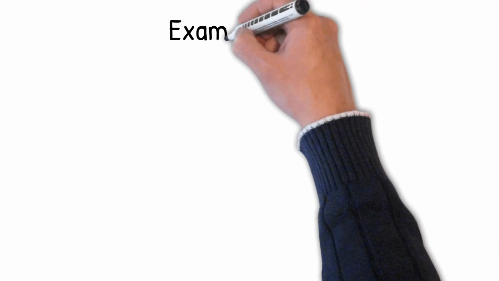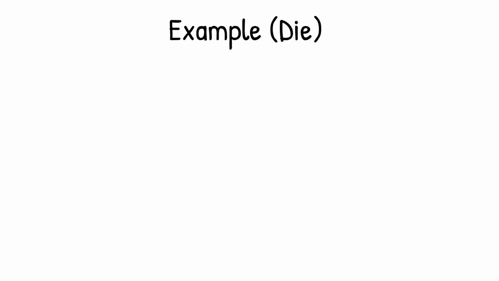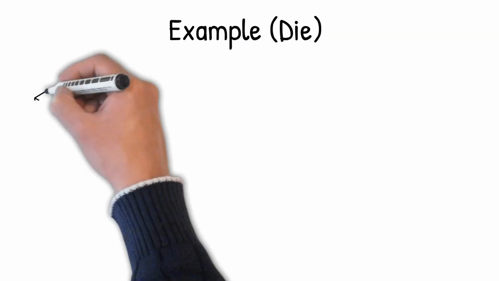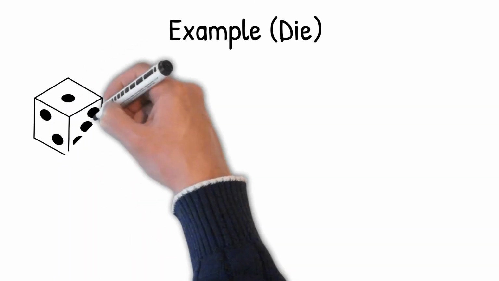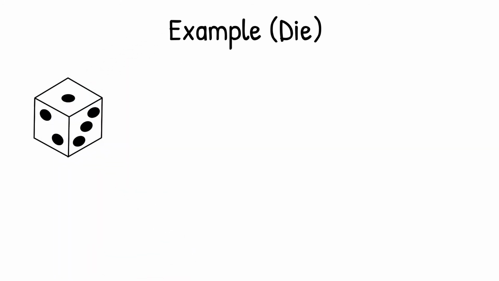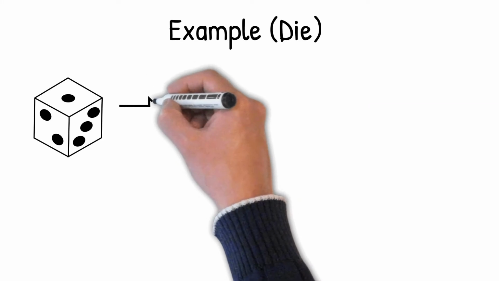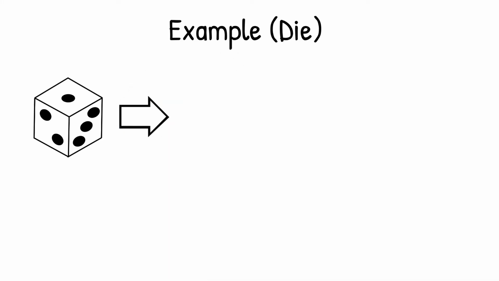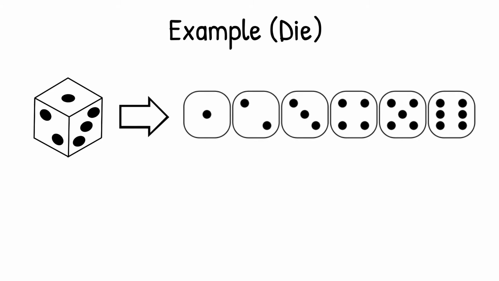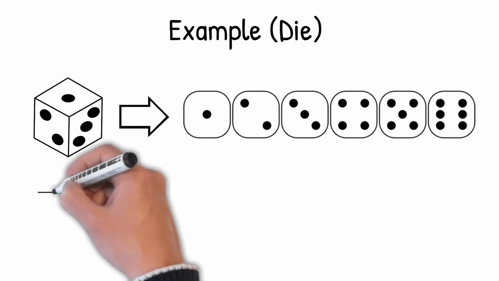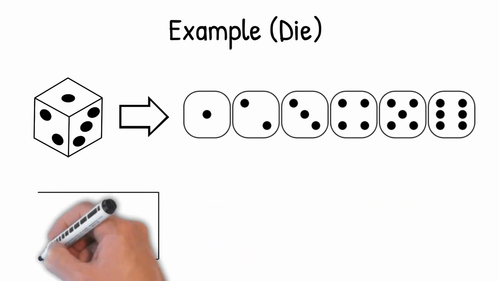Let's take another example. When we roll a fair die and observe the number on the upper face, the chance of appearance of each face is the same. So, the number of outcomes of the event to be 6 equals 1, while the number of all possible outcomes equals 6, which is 1, 2, 3, 4, 5 and 6.